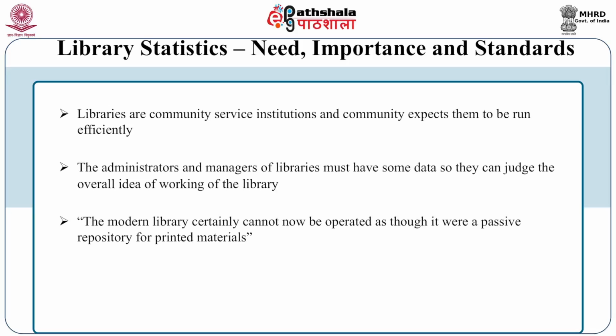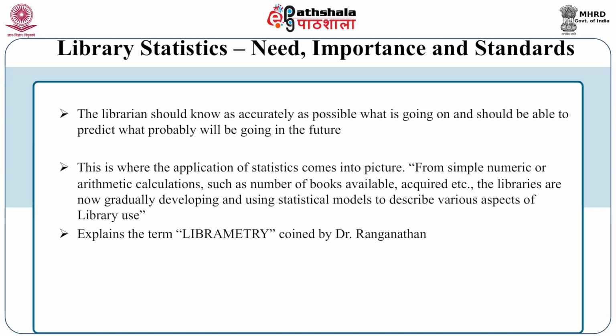The modern library certainly cannot now be operated as though it were a passive repository of printed materials. This is where the application of statistics comes into picture. From simple numeric or arithmetic calculation such as number of books available, acquired, etc., the libraries are now gradually developing and using statistical models to describe various aspects of library use.